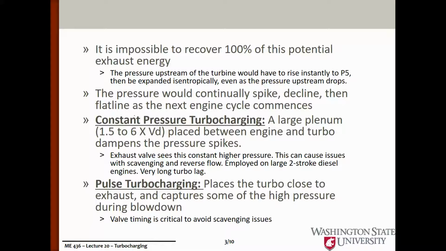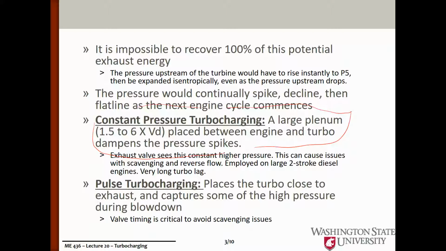The alternative to that is what's known as constant pressure turbocharging. This is typically used in those large marine engines that turbocharging was developed for. If you put a very large plenum between the engine and the fan, it will take so long to charge. So each charge of air coming out of a cylinder will only partially increase the pressure of this volume.